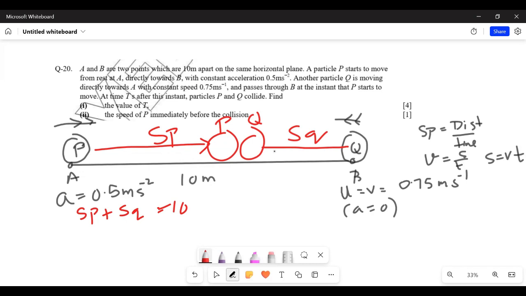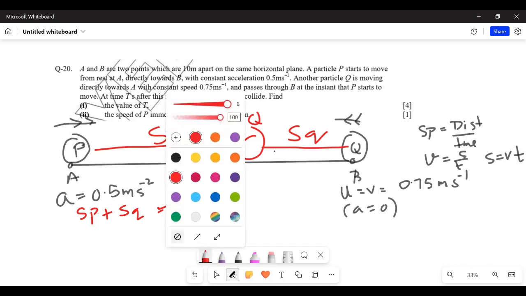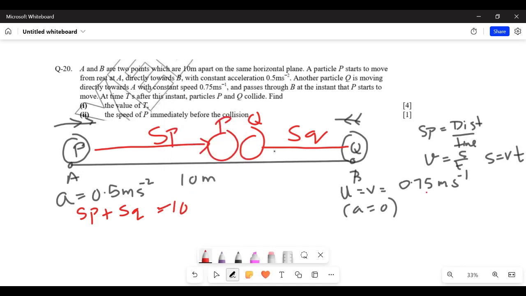Okay. Let's form an equation for SP and SQ. Okay. SQ is going to be simple since it's constant speed. So distance covered by Q would be this V times T. Distance covered by Q would be V, which is 0.75 T. Okay. What about distance covered by P?